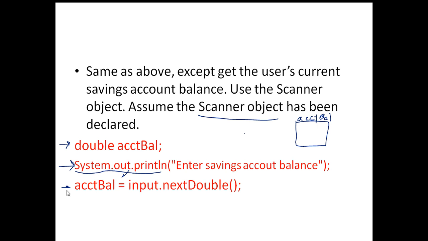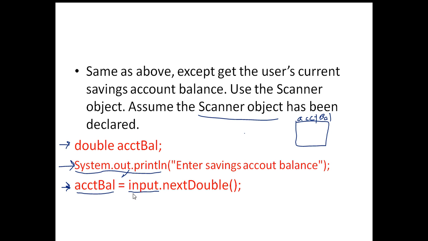The next line of code is going to accept the input. So you've got to have the variable where the response by the user is going to be stored. They're assigned whatever the input is, so you have to have input, if that's the scanner's name, it could be named other things.